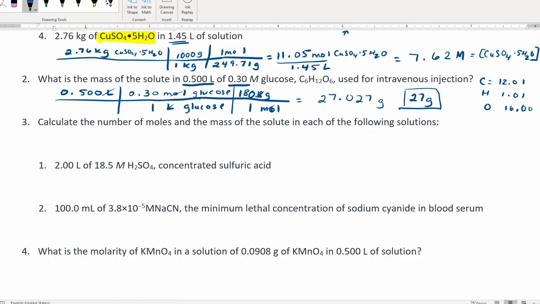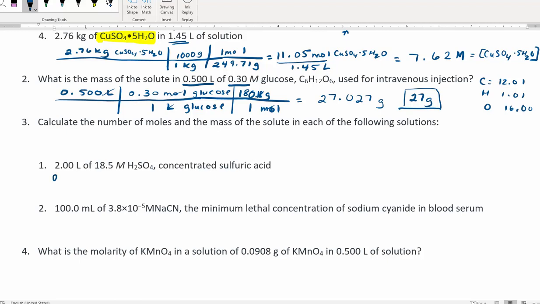Now we're going to calculate the number of moles and the mass of the solute in each of these solutions. So here we have 2 liters of an 18.5 molar sulfuric acid solution. So we're going to calculate the number of moles first.